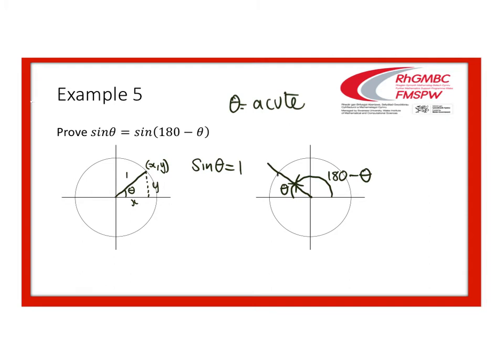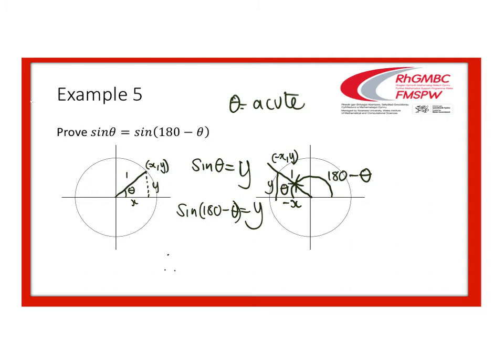Now again, making that right angle triangle, the hypotenuse is still 1. This time I've got minus x and still plus y, so a coordinate of minus x, y, and that means that sine of 180 minus theta equals y. Apologies, I wrote a 1 back there, not a y.